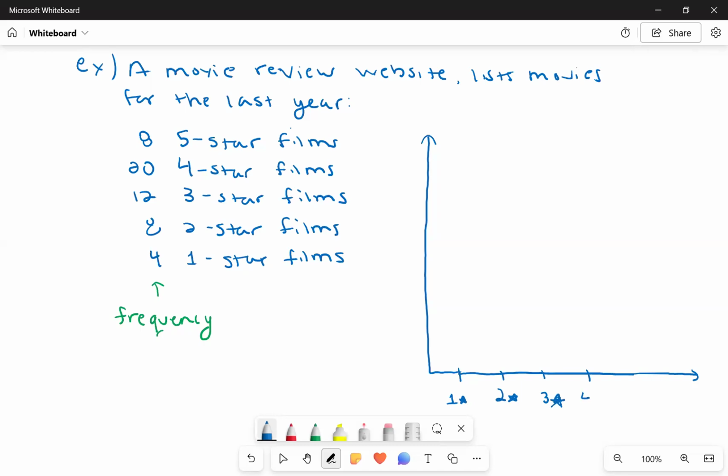Not doing a good job. 4 star and then 5 star. And then on the vertical axis, since 20 is the largest number, I think I'll go by twos. Actually, fours would make sense for this one, right? Every number is divisible by 4. So let's go by 4. So 4, 8, 12, 16, 20.